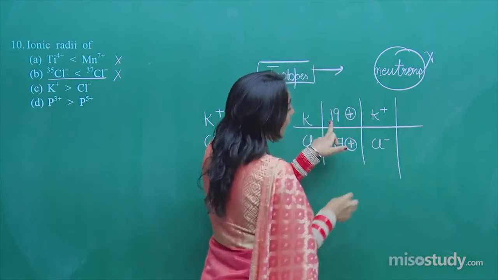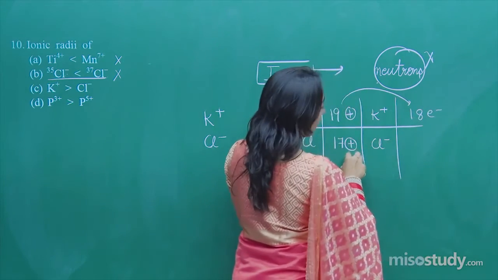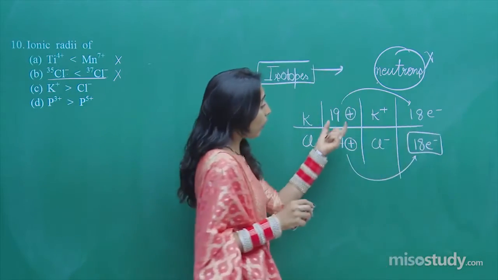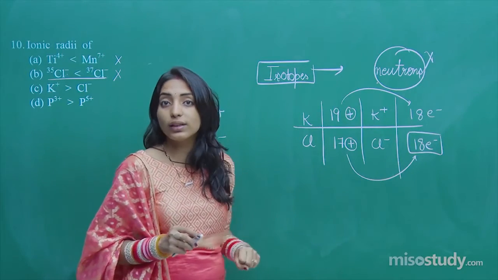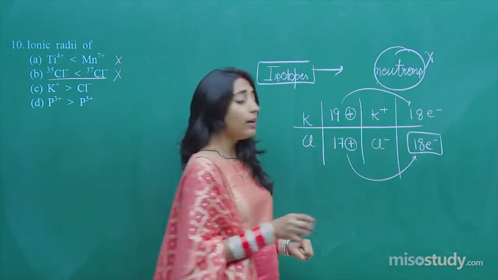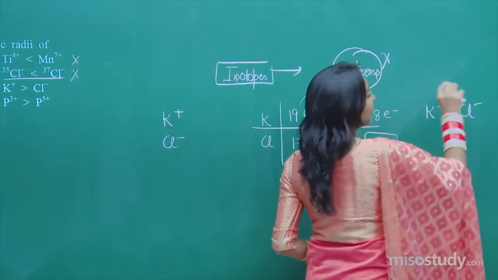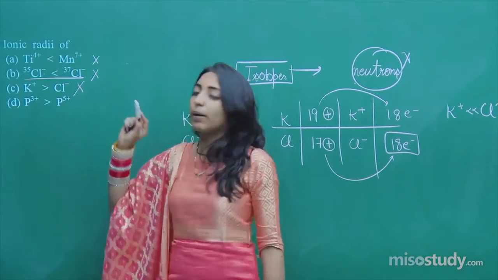So 19 protons will be holding 18 electrons, 17 protons will be holding 18 electrons. So when the number of protons is more, they will be able to hold the same number of electrons more tightly. So I should be saying the size of K plus should be lesser than the size of Cl minus. But what has been said is K plus is greater than Cl minus, so this is again wrong.